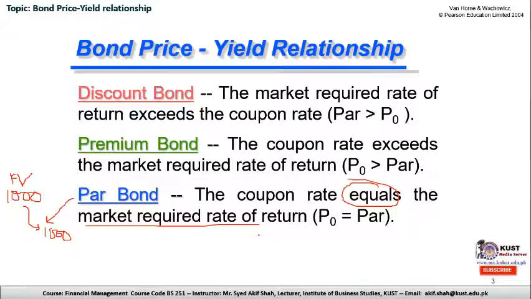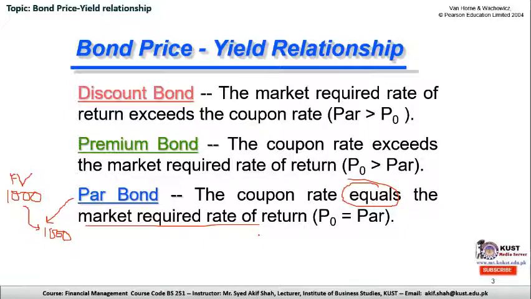Now, what is the market required rate of return? Market required rate of return is the investors' expected rate of return while they are looking to invest in any particular security, keeping into consideration factors like inflation, the opportunity cost, and the competitive market rates, along with the risk-free rate in the market.